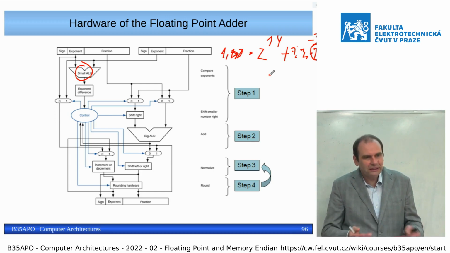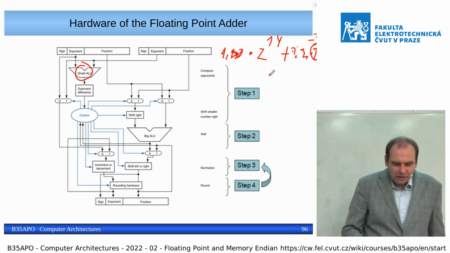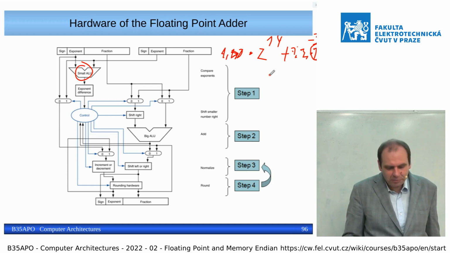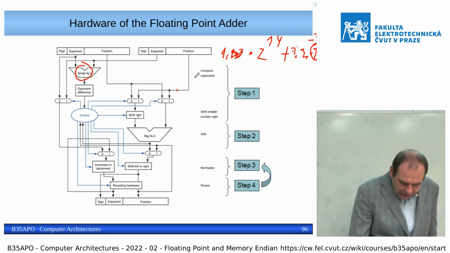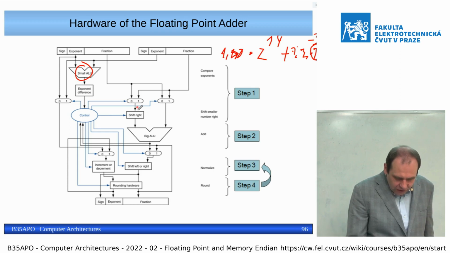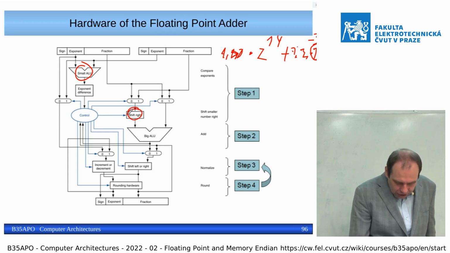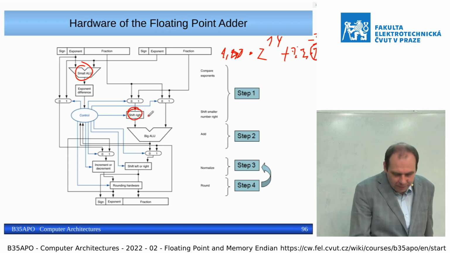So it is necessary first to find the difference between the exponents, then shift the smaller one right so many times as the difference between the exponents.